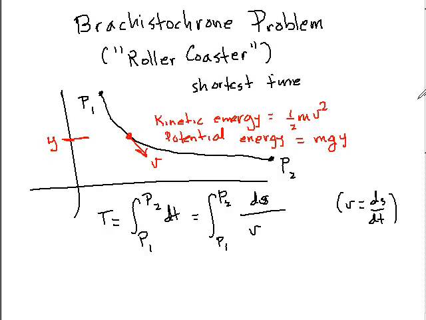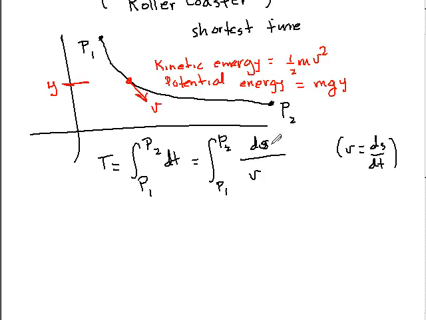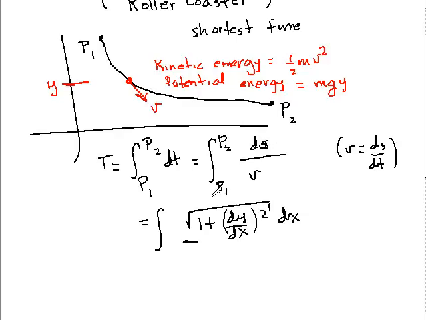Okay, so with a little bit of argument, you can show that the integral ds, just like before, was the square root of 1 plus (dy/dx) squared times dx, that's ds. And what's v?